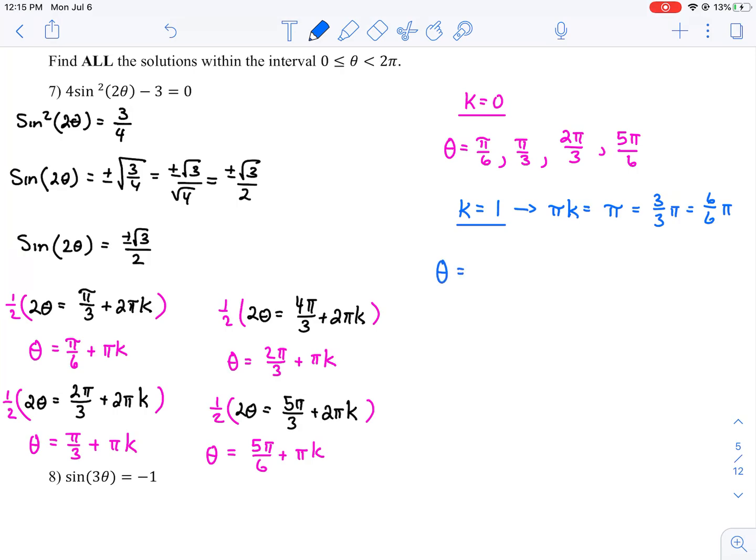So theta is equal to pi sixths plus 6 pi sixths, which is 7 pi sixths. Theta is equal to pi thirds plus 3 pi thirds, which is 4 pi thirds. And we'll just finish that up here.